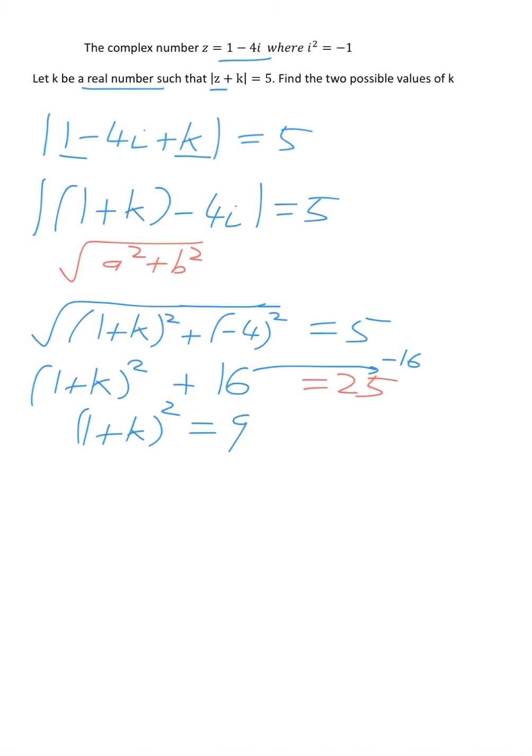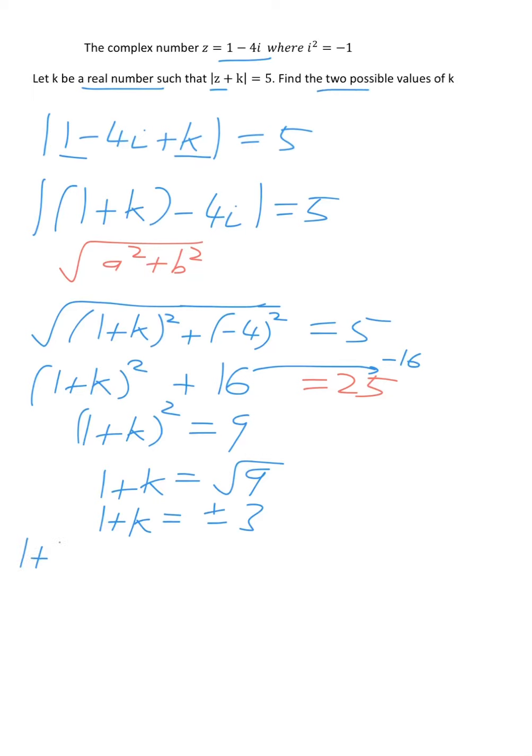Now I want to get rid of that squared, so I'm going to square root 9. So 1 plus k is equal to the square root of 9, which means 1 plus k is equal to plus or minus 3. Don't make the mistake of just writing 3, because I said 2 possible values of k.